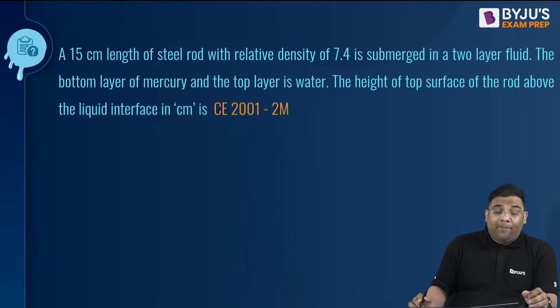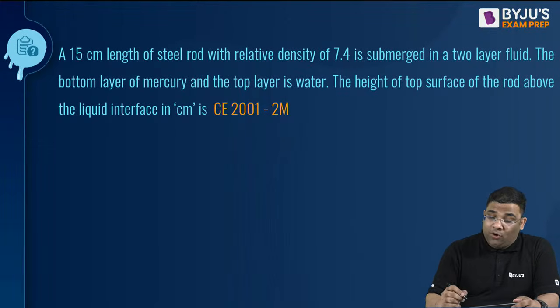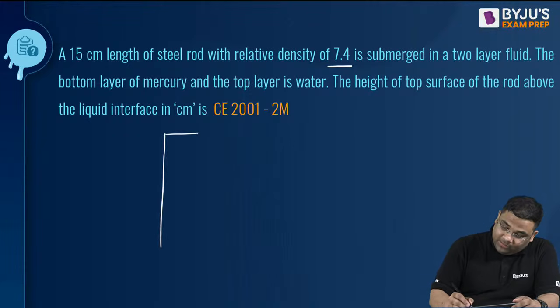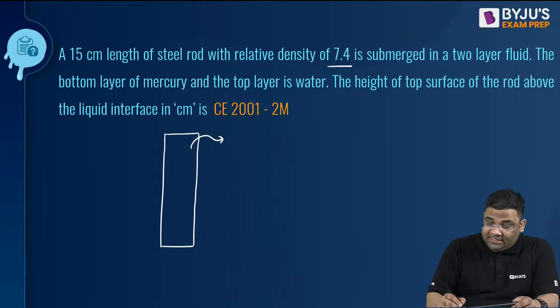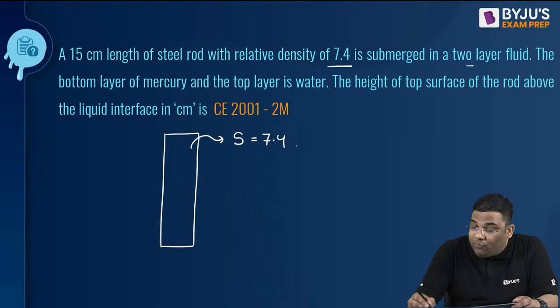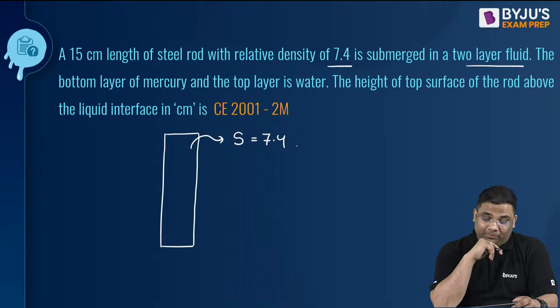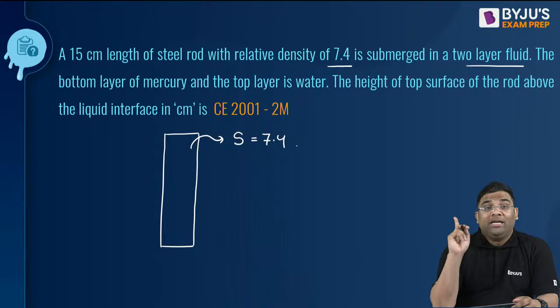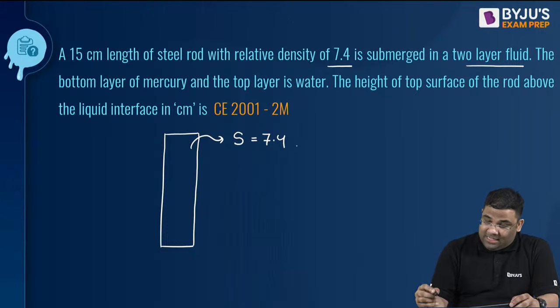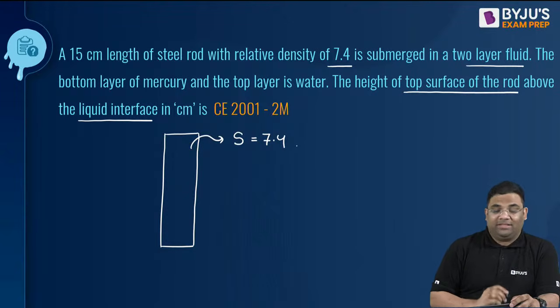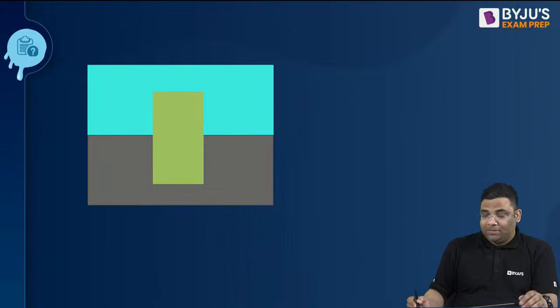A 15 centimeter length of steel rod with relative density of 7.4, you can say specific gravity, same thing, is submerged in a two-layer fluid. The bottom layer is mercury, the top layer is water. The height of the top surface of the rod above the liquid interface is 15 centimeter. I'll show the situation here.